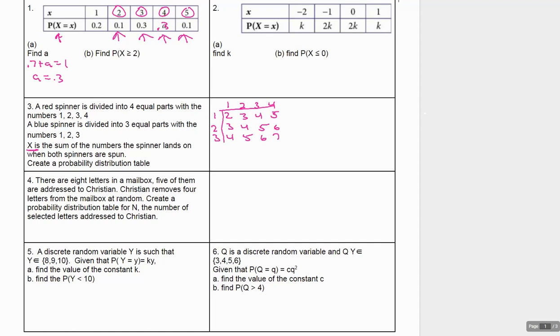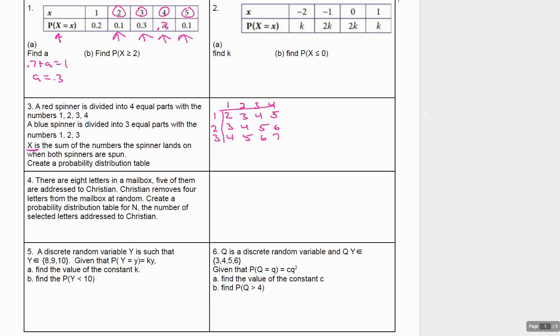Now, by conducting this experiment, we've spun these spinners and we've come up with all the possible outcomes. What are the values that x could possibly be? 2, 3, 4, 5, 6, and 7.